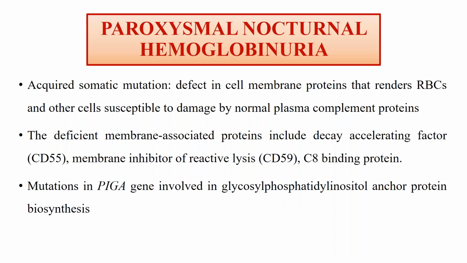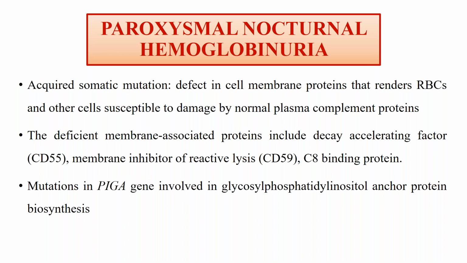Now coming to paroxysmal nocturnal hemoglobinuria. If you remember, it was an intracorpuscular cause, but it was an acquired cause. Usually intracorpuscular causes were hereditary, but this was acquired. Because of somatic mutations, which are not genetically inherited, there is a defect in the proteins of the RBCs, especially CD55, CD59, and C8 binding proteins.